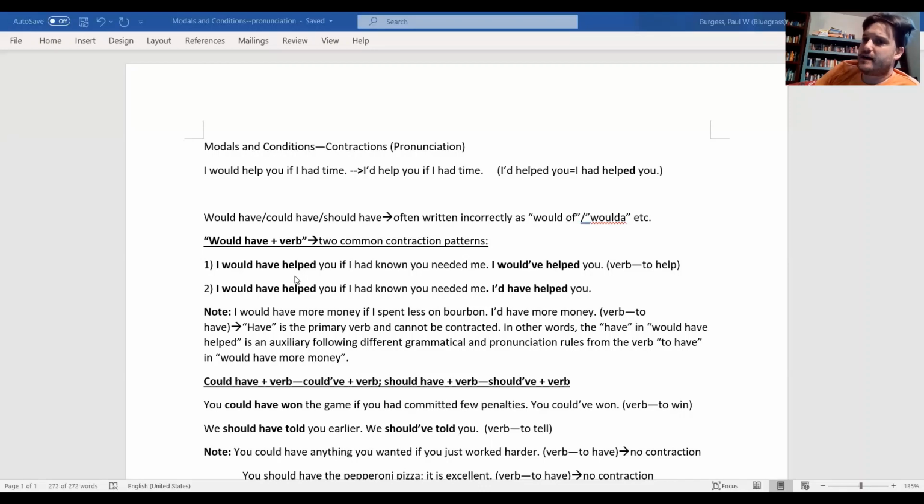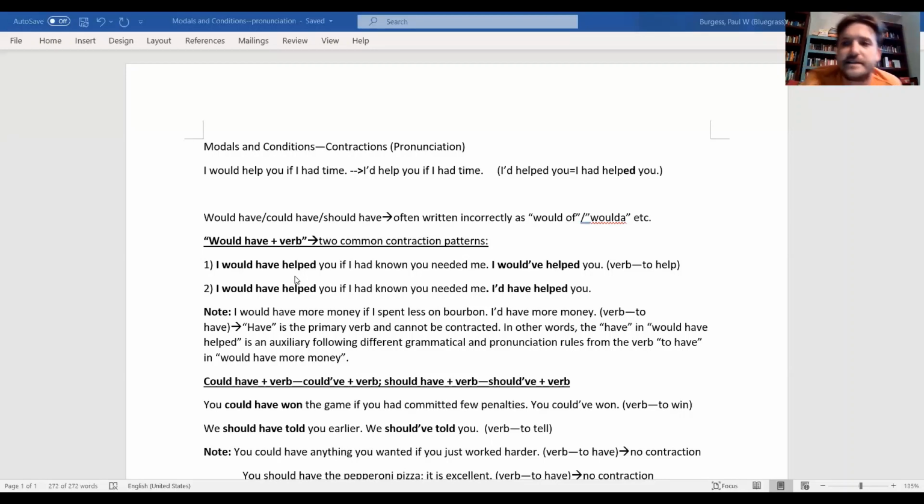I can't say I'd have more money because we don't really know what you'd be doing with that money. Notice, in I'd have helped you, to help is the verb. We've just put it into a conditional form in the past. In I'd have more money, have is the verb. We've put it into the present or future conditional form.